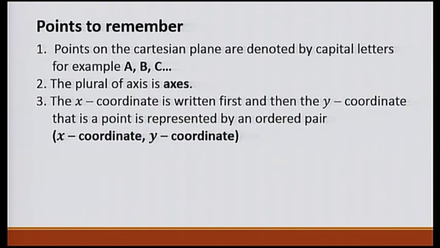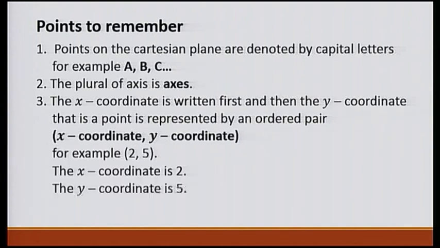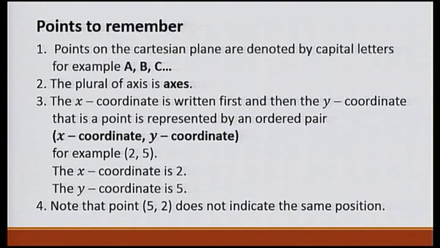The x-coordinate is written first, and then the y-coordinate, that is, a point is represented by an ordered pair: bracket, x-coordinate, comma, y-coordinate, close bracket. For example, (2, 5). The x-coordinate is 2 and the y-coordinate is 5. Note that (5, 2) does not indicate the same position.